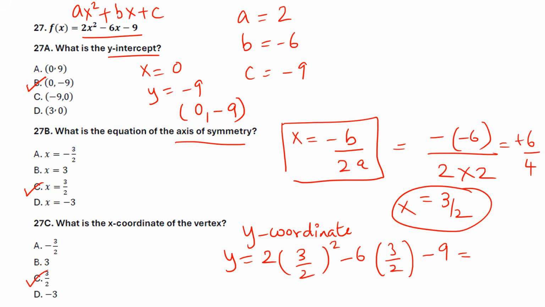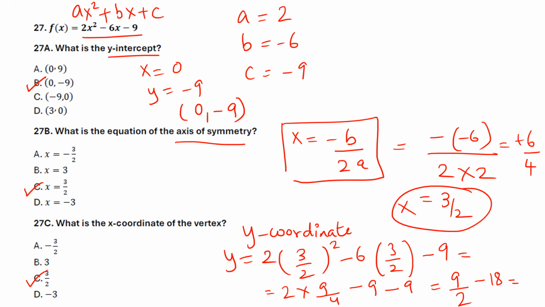So if we just simplify a little bit more, this is going to be 9 over 4 minus 3 minus 9. So this is going to be 9 by 2 minus 18. So it will come out to be a fraction. So 9 divided by 2, that's 4.5, minus 18.